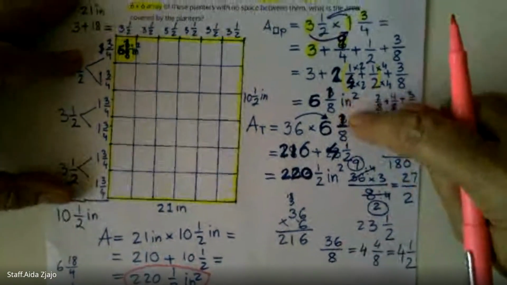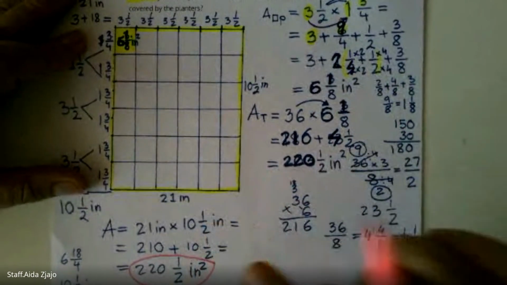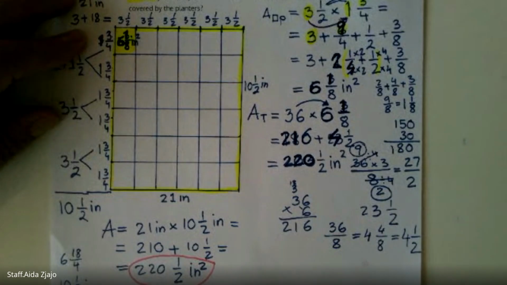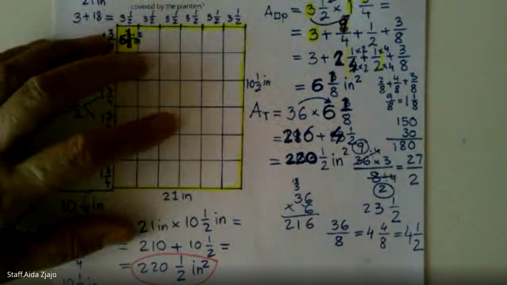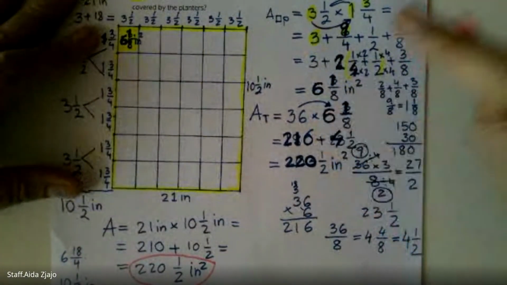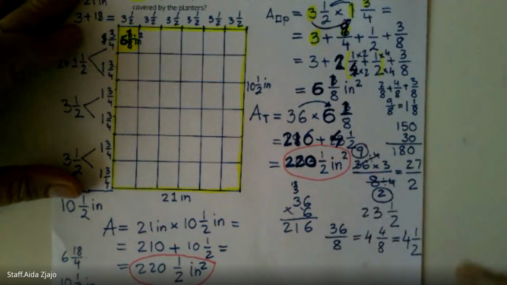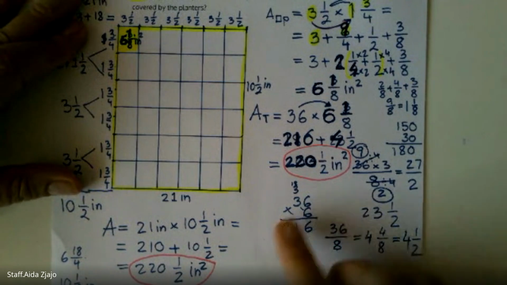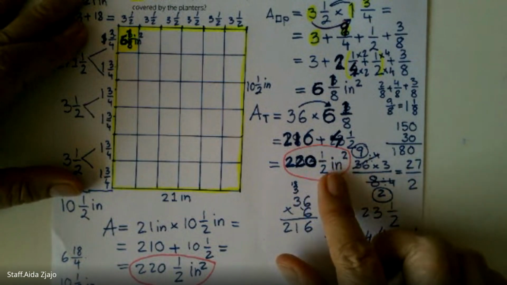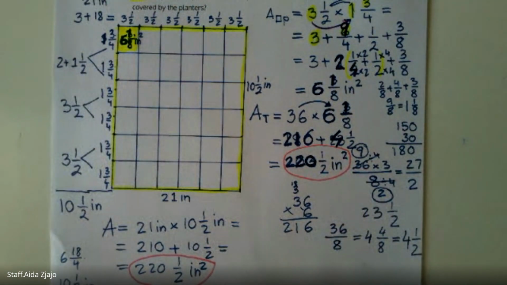When I checked the work here, it did not match. So I knew I made a mistake somewhere. I checked this one, and that was correct. So I found my mistake here. And finally, I agree with my answer. 220 and a half inches squared. It's the area covered by the planter.